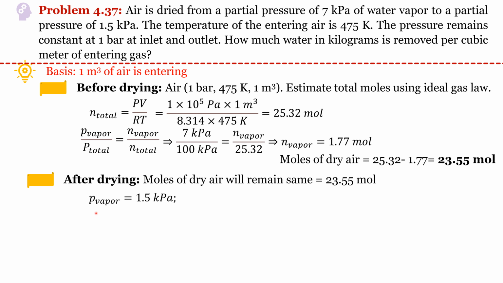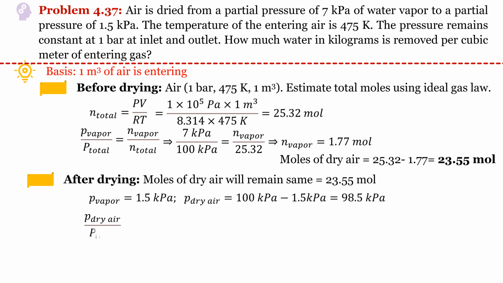We can write partial pressure of water vapor after drying equal to 1.5 kilopascal. The partial pressure of dry air will be equal to total pressure, that is 1 bar, written as 100 kilopascal, minus partial pressure of water vapor, and it will give the partial pressure of dry air.